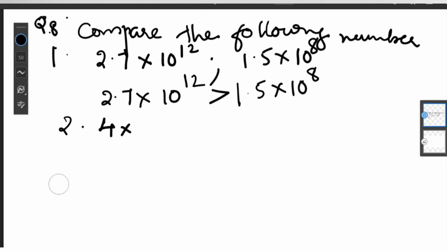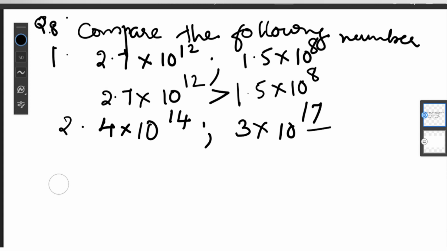Then next question: 4 into 10 to the power 14, then next one 3 into 10 to the power 17. Which number is greater? Here 10 to the power 17 is greater than 10 to the power 14.